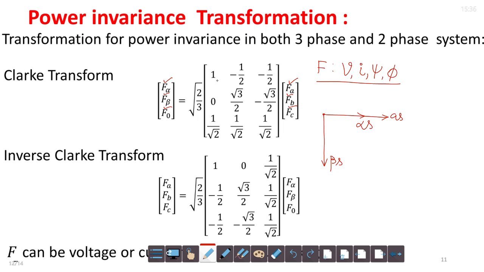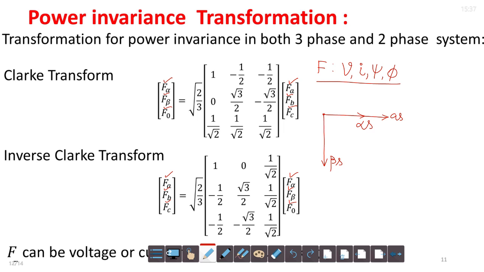These transformations are obtained the same way, by using component resolution with this convention. And the inverse Clark transformation, from f alpha, f beta and f 0 to f a, f b, f c, is just the reverse one. So, what is the advantage in this transformation?